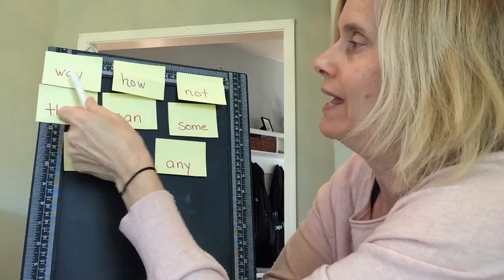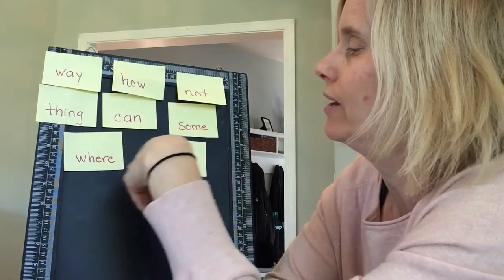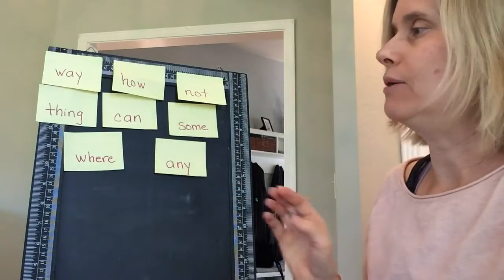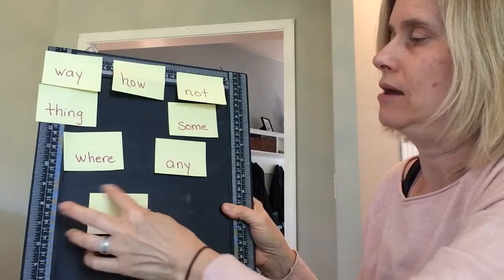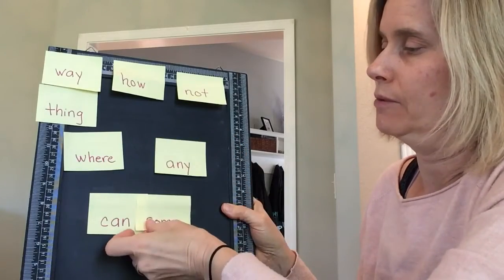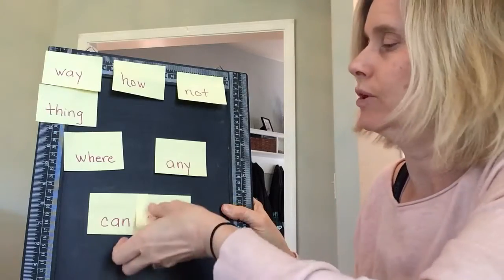We have the word way, how, not, thing, can, some, where, and any. So let's say we took can and some and we squished them together. Would that make a word? Can, some? No, that doesn't work.